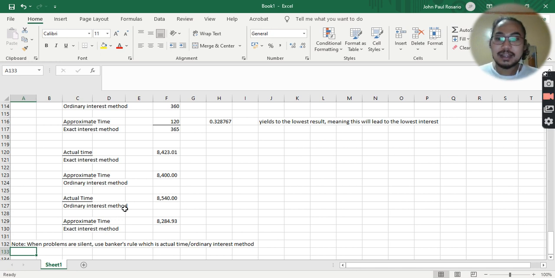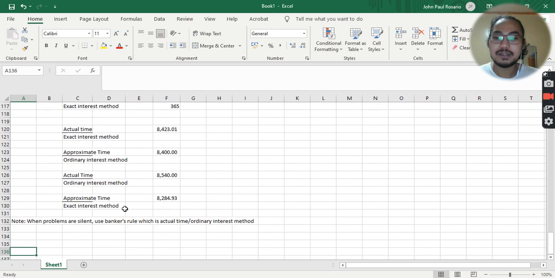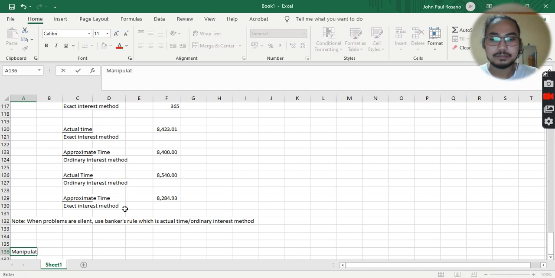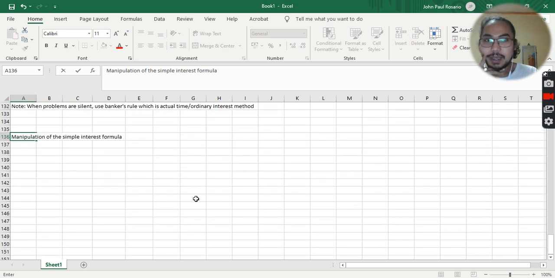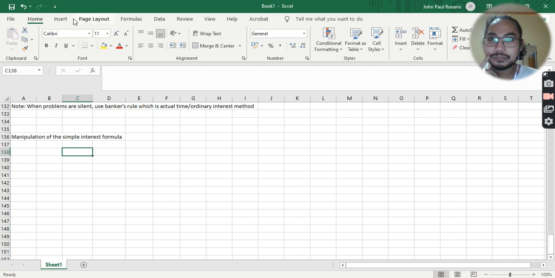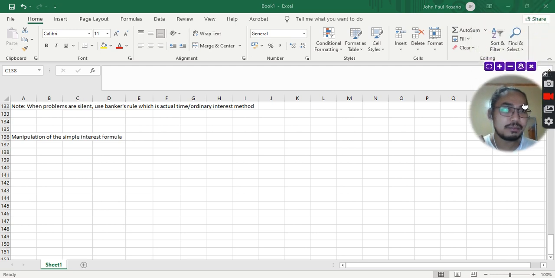the manipulation of the simple interest formula. For this, I'm going to use the insert formula function. I will move myself downward first.